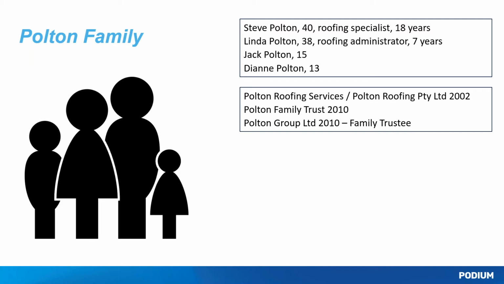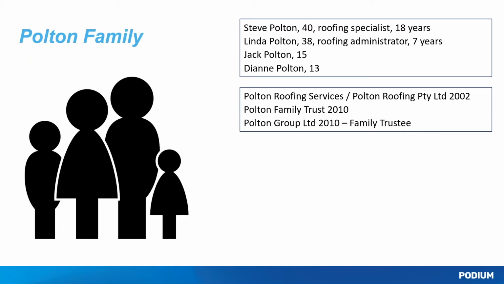So we had a roofing business started, and 8 years later, the timing with the children kind of makes sense. In that space of time, I can see the family trust was started in 2010. So the kids are a little bit older. They're starting to have a think about potential futures. What can they do for the future?